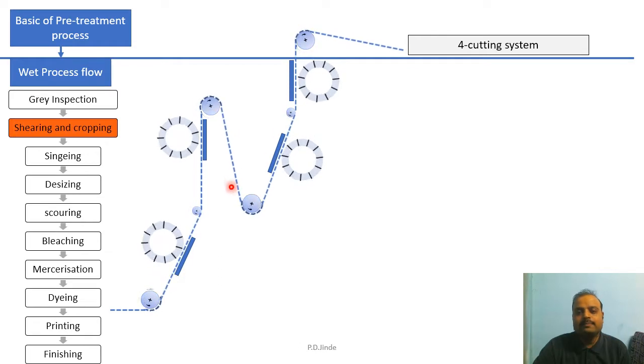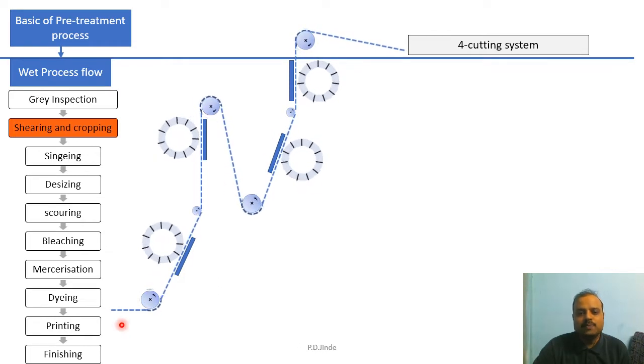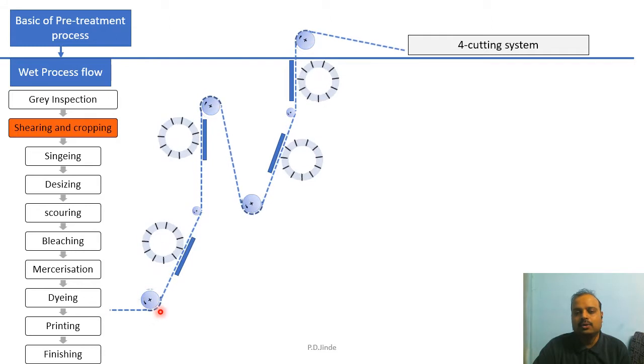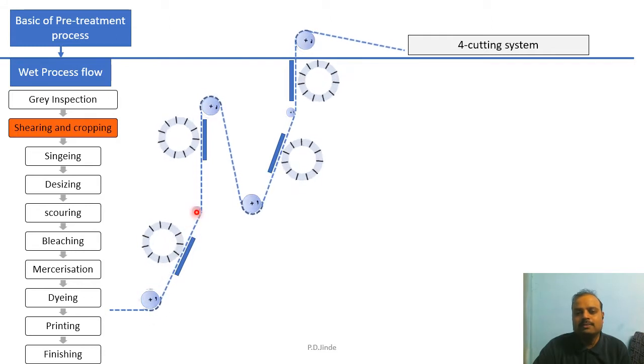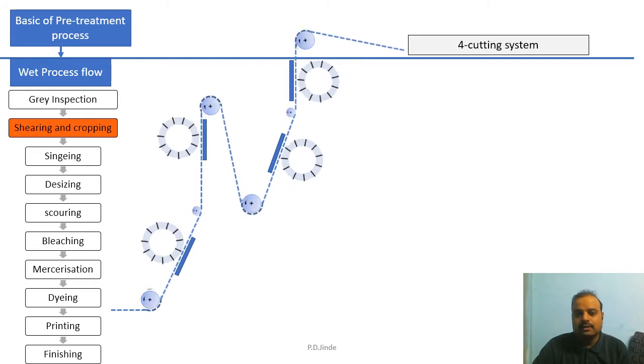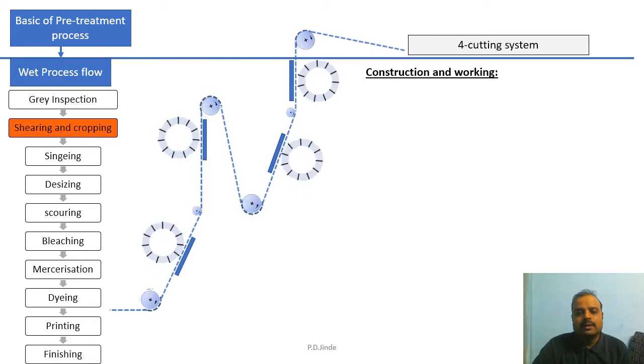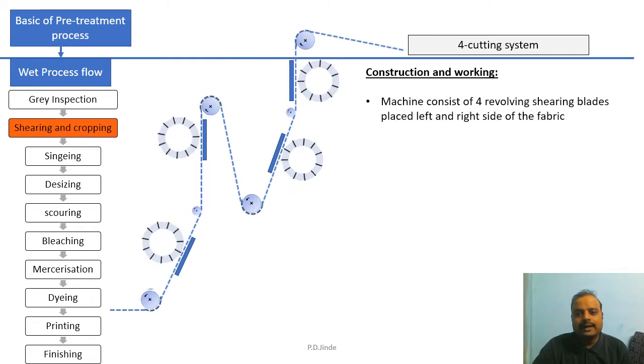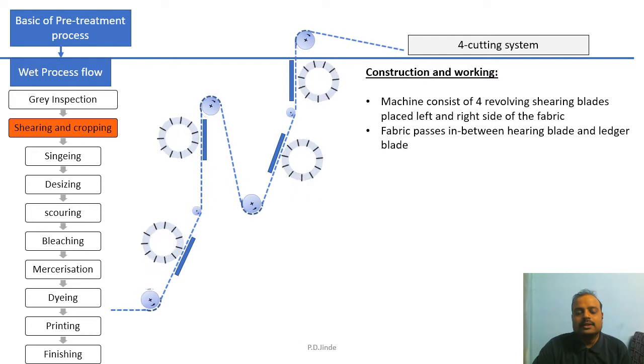The fabric to be sheared is passed initially over a guide roller, and then it passes in between the shearing roller, and you can see there is another blade over here which is a straight line. It is called a ledger blade. So this machine consists of 4 revolving shearing blades placed at the left and right side of this fabric, as I already told you.